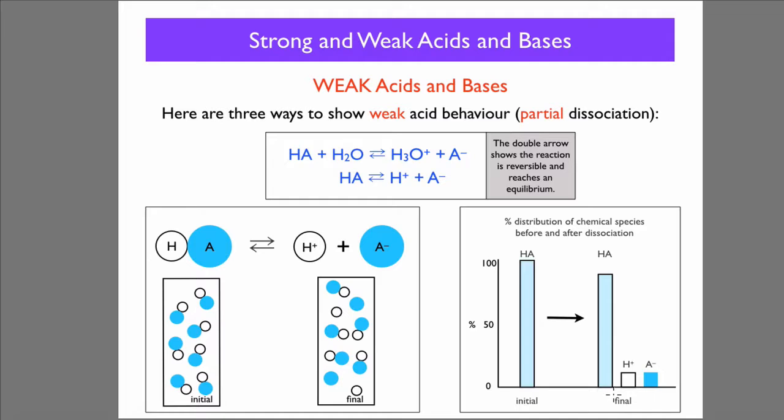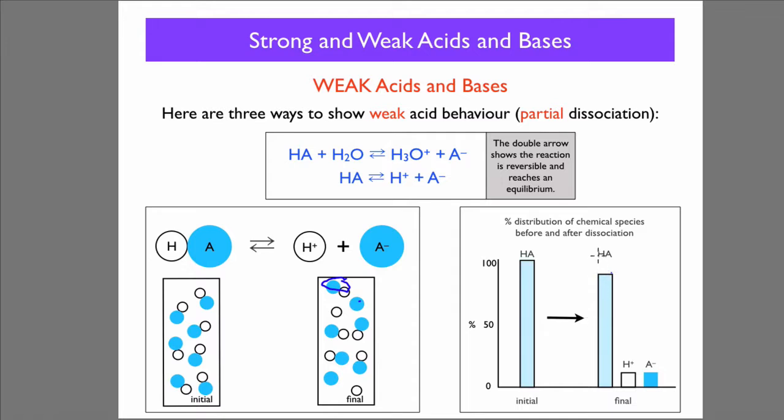Weak acids and bases. There are good ways to show this, the 3 same ways. Obviously, we can use the equilibrium arrows pointing both ways, showing that you've got some molecules and some ions in solution at the same time. And so if we look over here at the final state of a solution, you can see we've got some molecules and also separate ions in solution.